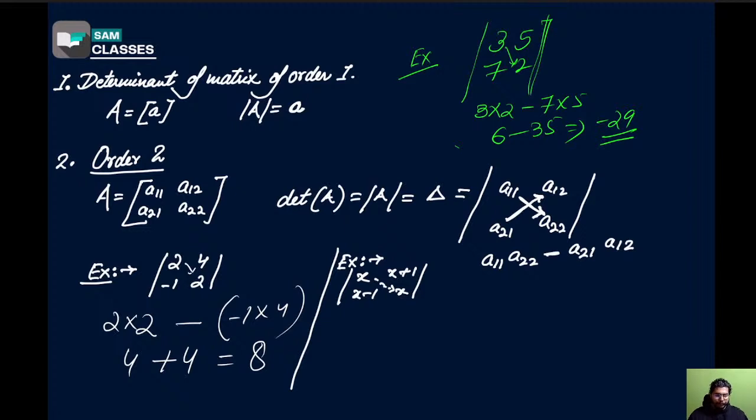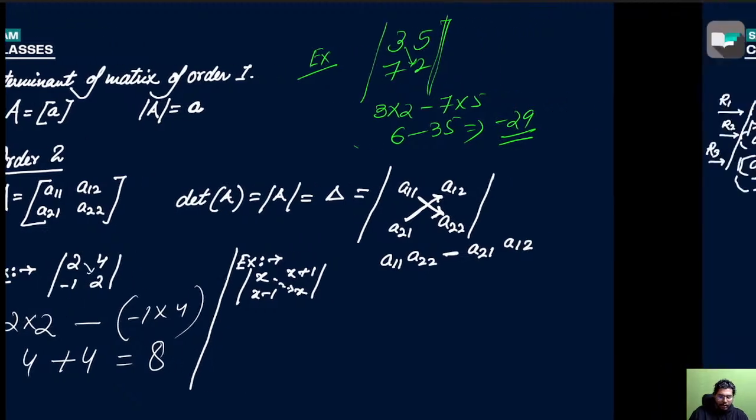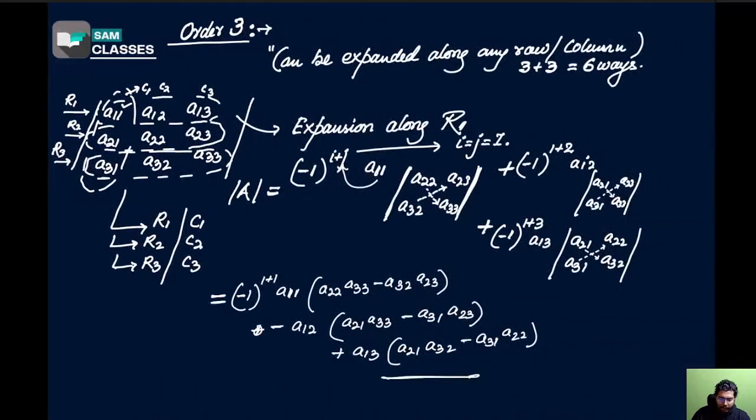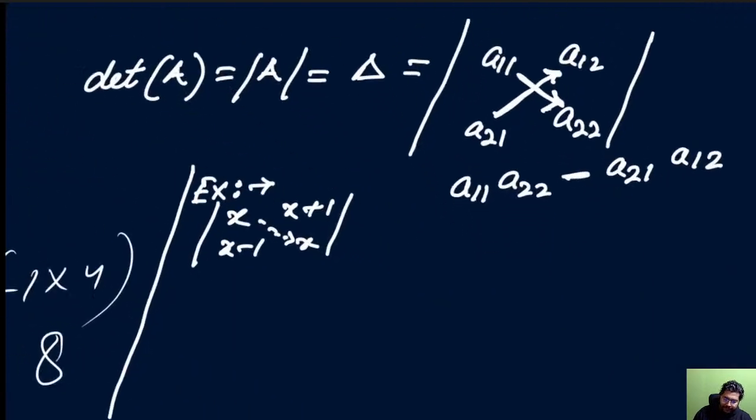Okay. Now, order 2, very simple. We know how to find the determinant. We'll do it easily. Top to bottom minus bottom to top. So A11 A22 minus A21 A12. That's it. Clear? Now, let me give you a simple question before proceeding further.